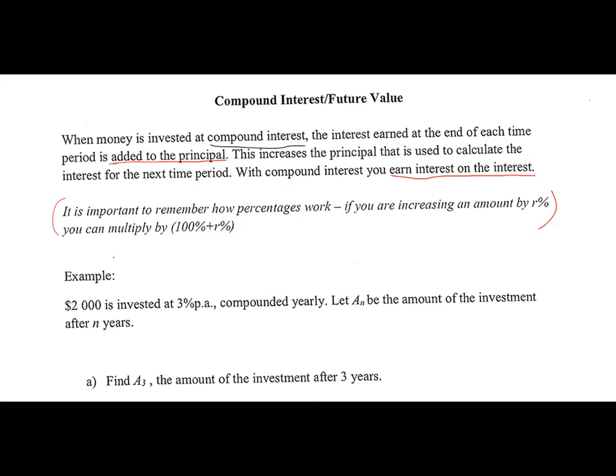So the formula that we're going to use to work out compound interest is going to be A with a subscript n is equal to P(1 + R)^n. What do all those parts in the formula mean?